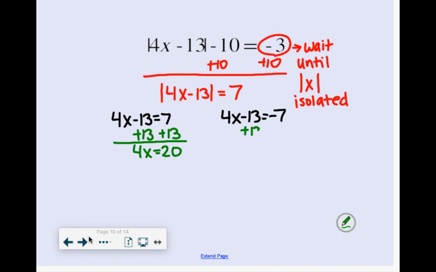And negative 7 plus 13 is 6. Then all I have to do is divide by 4. 20 divided by 4 is 5.